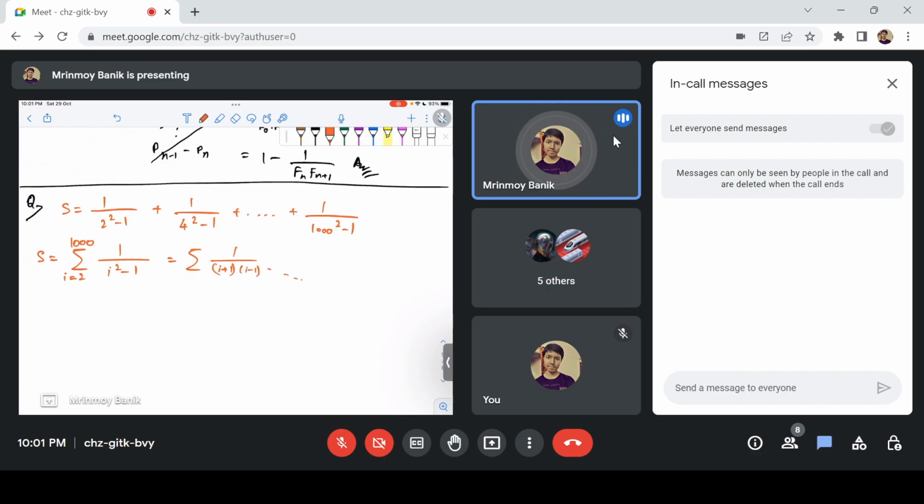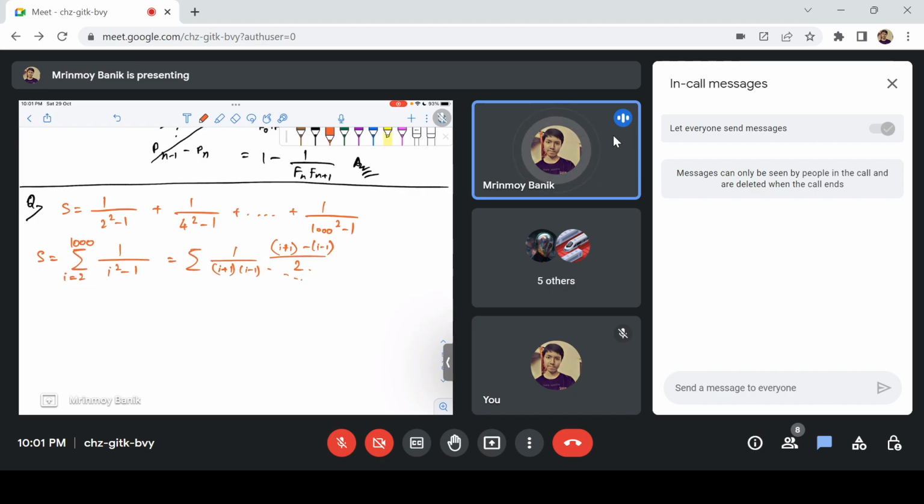Just, you can obviously write this as, you have to multiply it with (i plus 1) minus (i minus 1), that is 2, so you have to adjust with half, and then you will get some telescope.